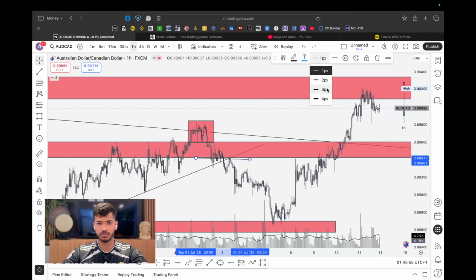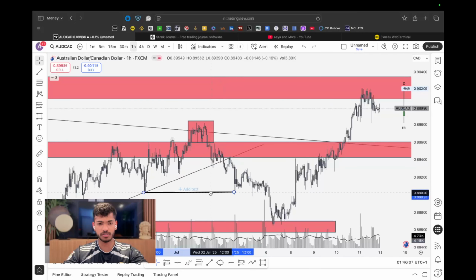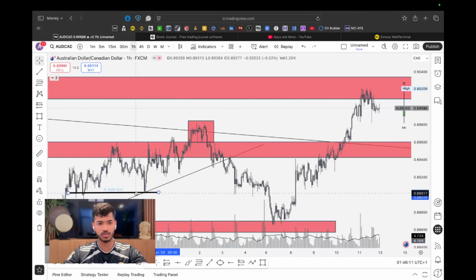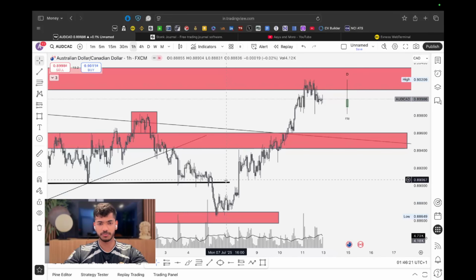Maybe here, maybe below these levels, and maybe below these levels. And this is what happened. All the guys who had their SLs right here, it gave a liquidity sweep on the downside, and then it went on the upside, right?